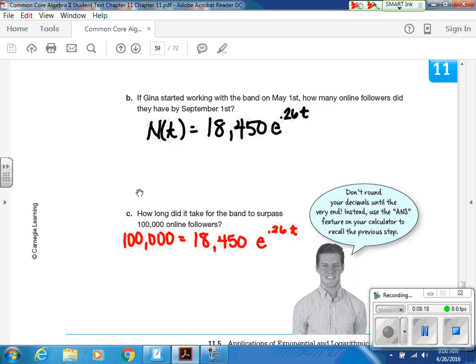If you remember how to solve this, start off by dividing by 18,450. Get that out of the way. Now, you can write down your answer for this, but I would not take it out of the calculator.